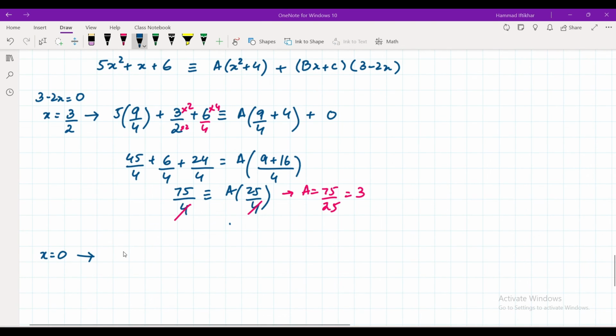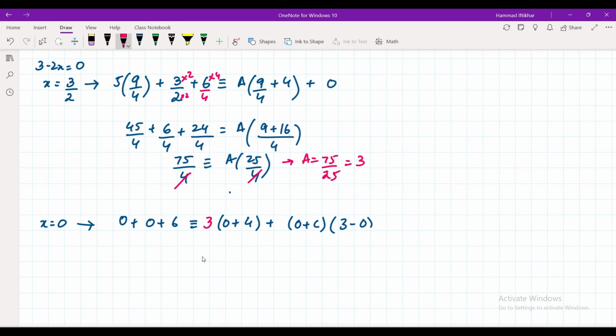That would be 0 plus 0 plus 6, equals a times 0 plus 4, plus b times 0 plus c, times 3 minus 0. And also, now that we know a to be 3, we can use 3 over here.